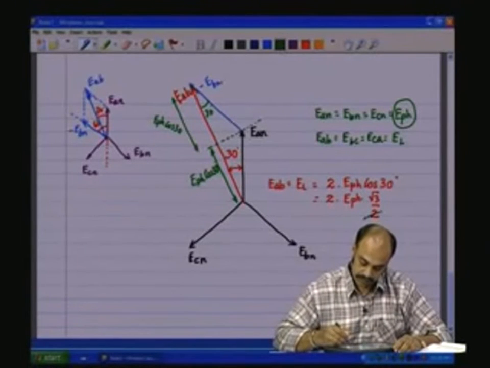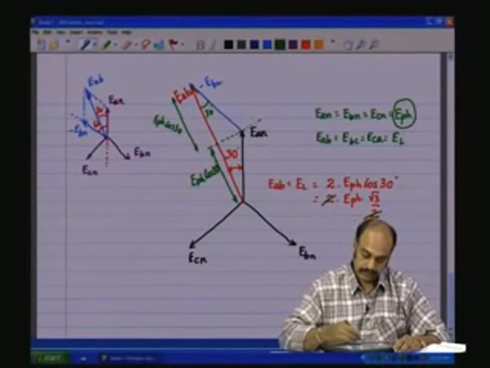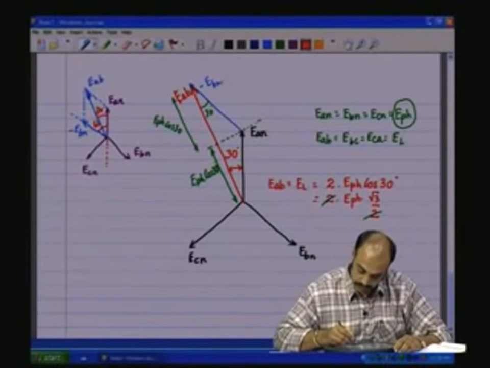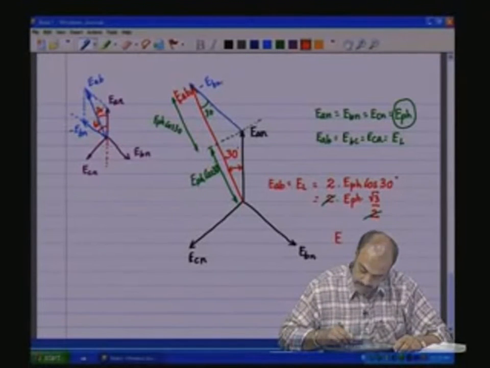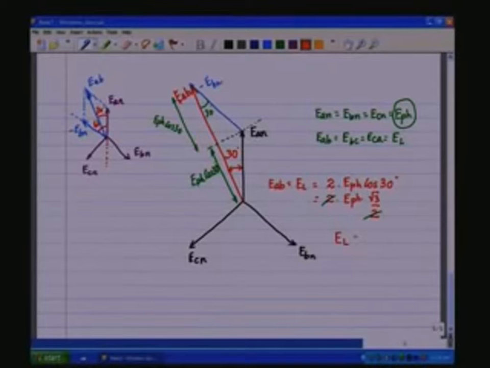So, we have a cancellation there, and therefore, we have an important relationship. Line voltage is root 3 times phase voltage.